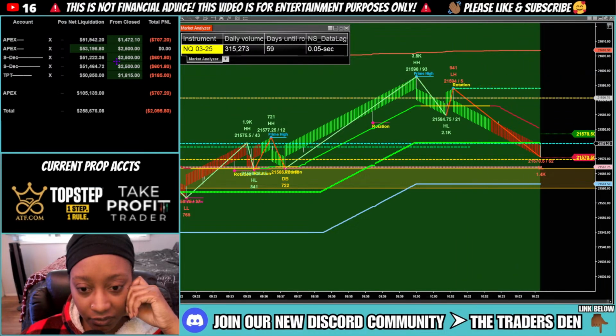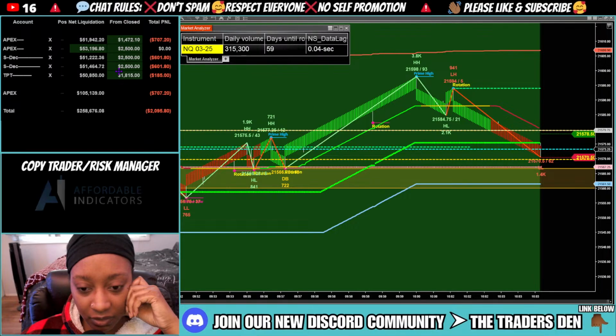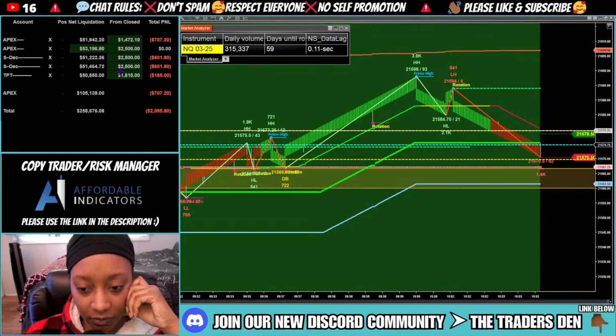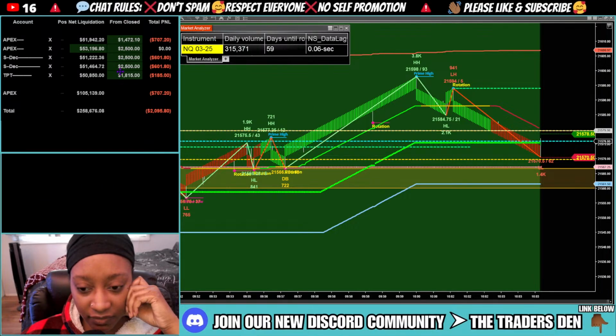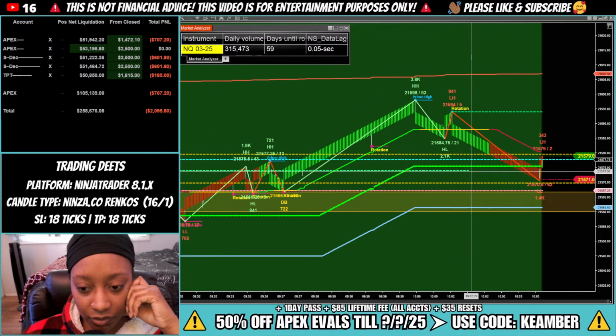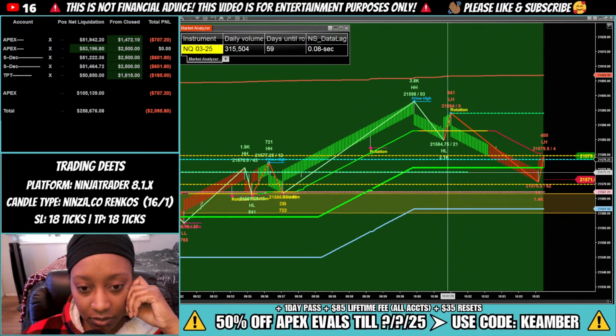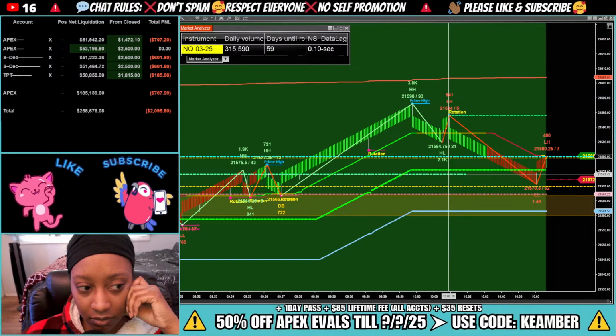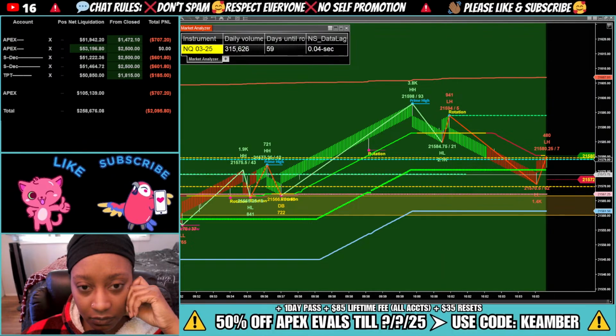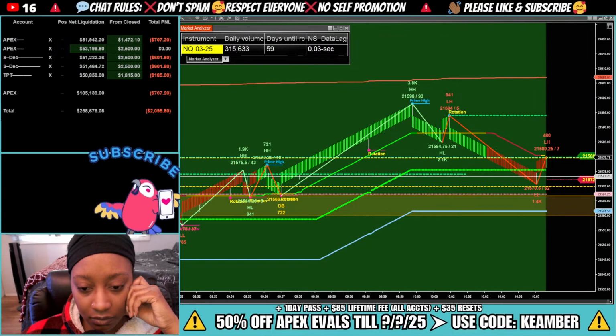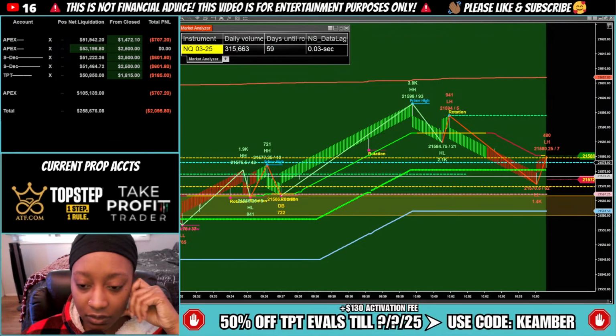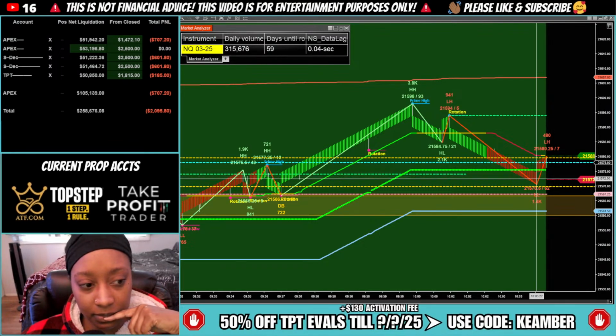I gotta be careful because that bottom yellow line is where the middle half trend changed to an uptrend. That just invalidated that.